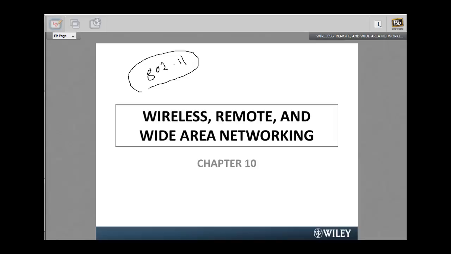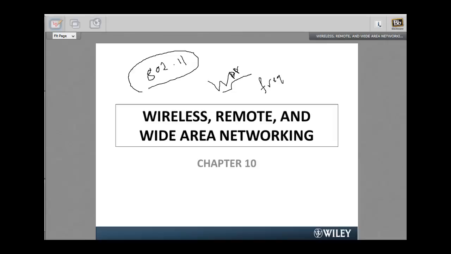The other thing is that you need one or more wireless access points, or what we call WAPs. So you just need your network adapter along with the wireless access points, and then you need to specify the frequency.